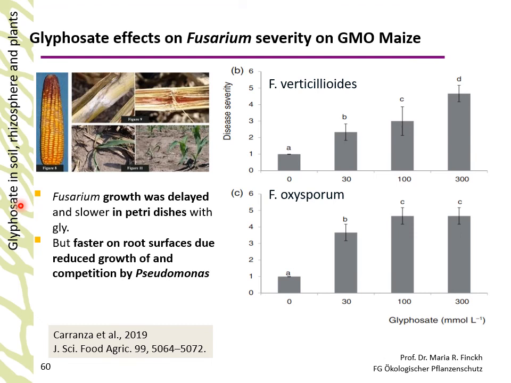The difference was that they grew faster on root surface because they had reduced competition by pseudomonads. And the pseudomonads are the biocontrol ones, and they are more sensitive than Fusaria to glyphosate. So it's this interaction. If you just check in the Petri plate, you see Fusaria are also glyphosate susceptible, but not as strongly as pseudomonads.